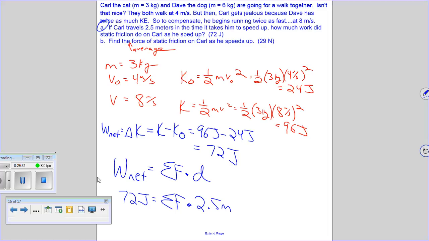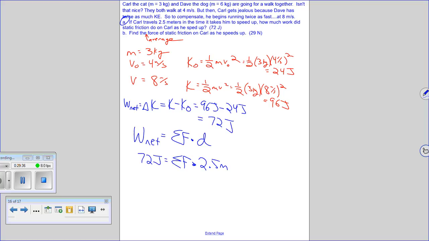All right, so how do we deal with the fact that this is a dot? I hadn't thought of this when I wrote this out, but it doesn't change anything. Which way is friction going to act, you guys? Does it act opposite the direction that he moves or the same direction that he moves? Same.